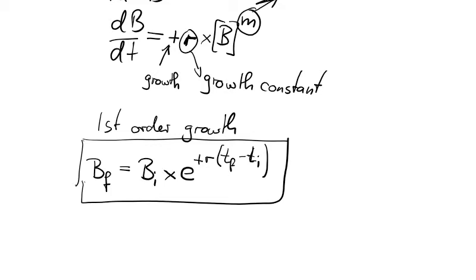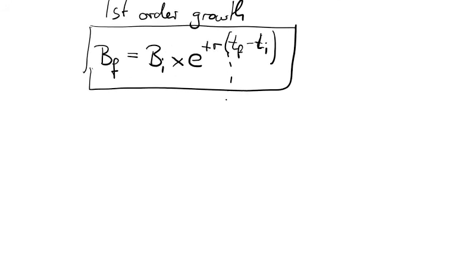What does it look like in terms of a graph? What would the graph look like for B in this case? B, time, what would it look like? Exponential, somebody says, goes like that.